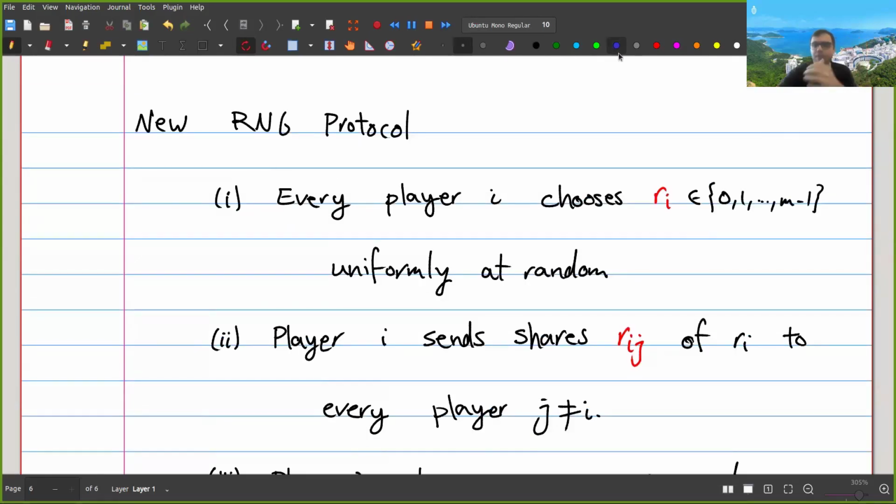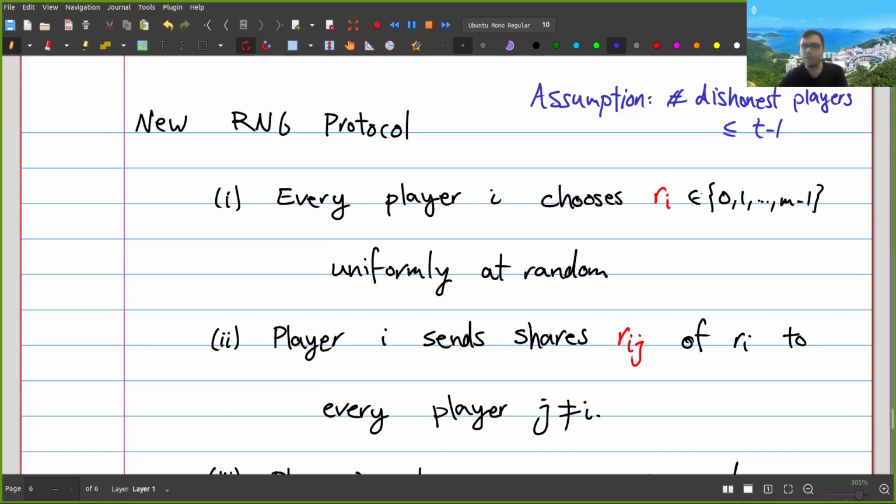So now I have this big assumption here. I have the assumption that the number of dishonest players is at most t minus 1. Okay. What other assumption did I need? Well, in my step 1, I also needed to have at least one honest player. So the number of honest players should be at least 1.